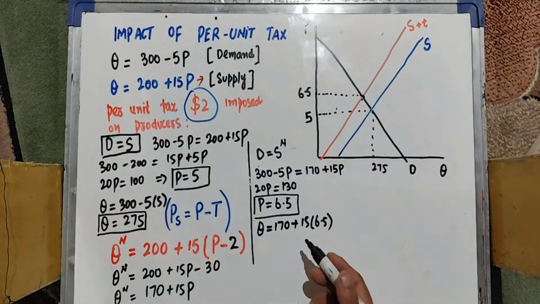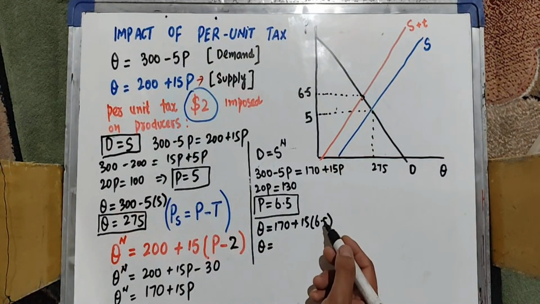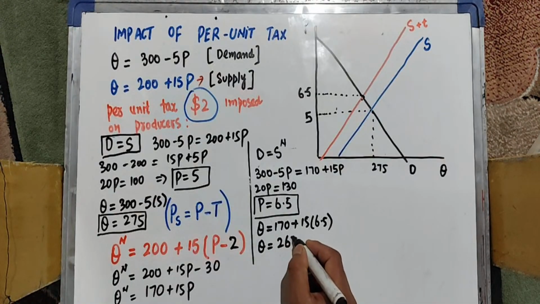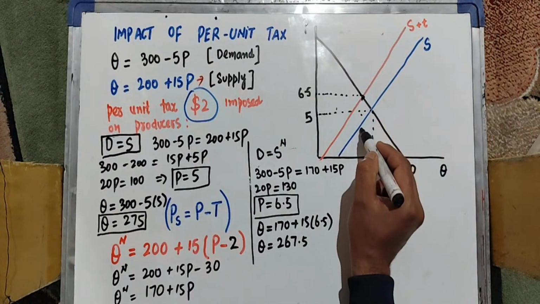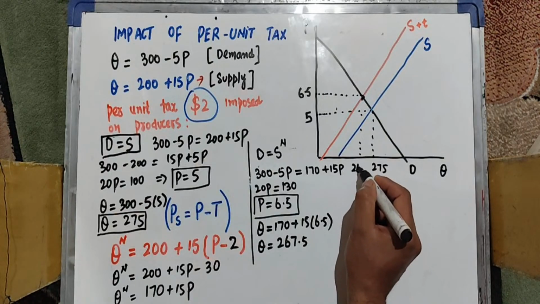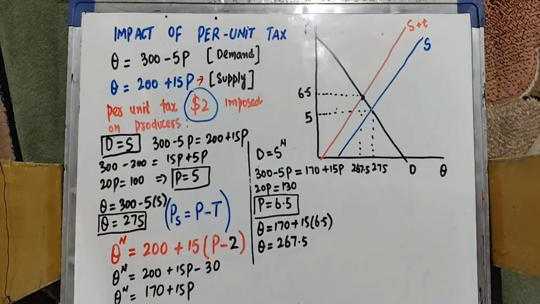Doing this calculation, the new quantity demanded or supplied, I have solved it earlier, came out to be 267.5. So at this price, quantity supplied is 267.5. Now what has happened here?